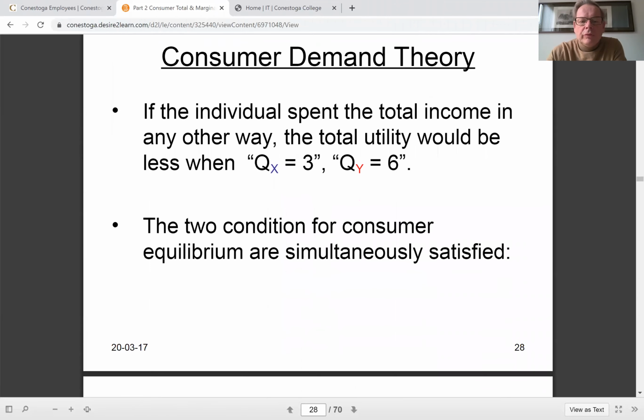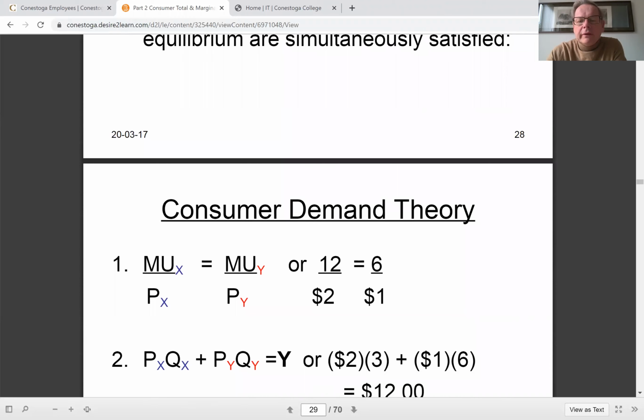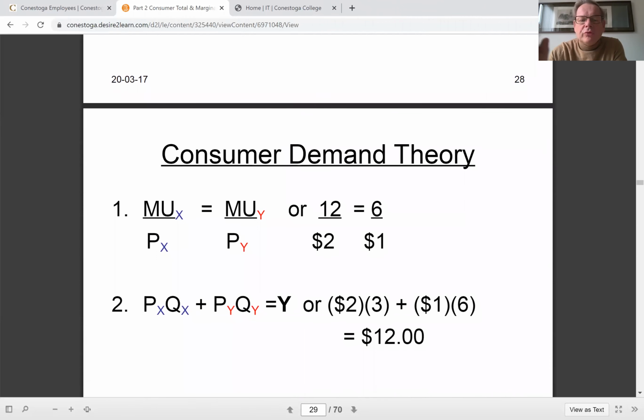I'm going to continue to go through here and go to slide number 29. On slide number 29, you have the formula that we saw earlier on, where the formula once again reads the marginal utility of the last X consumed divided by its price must be equal to the marginal utility of the last Y consumed divided by its price.